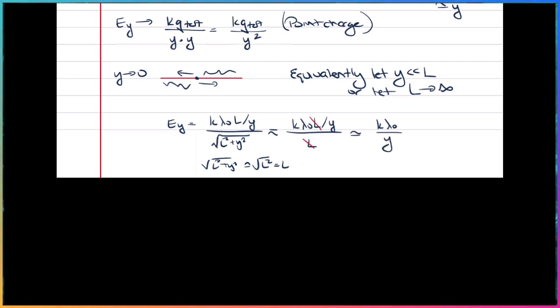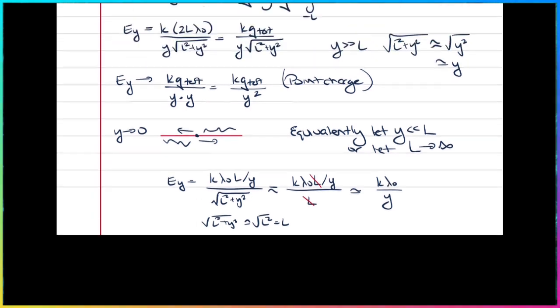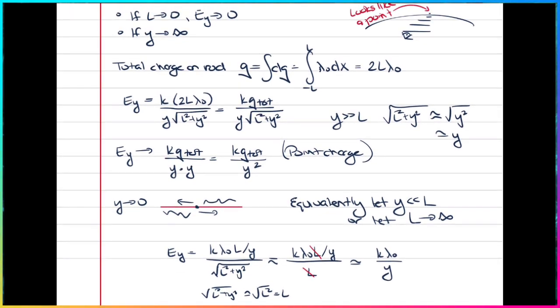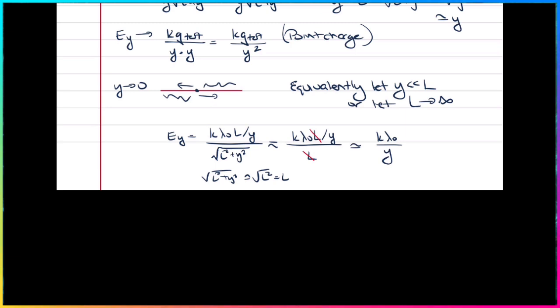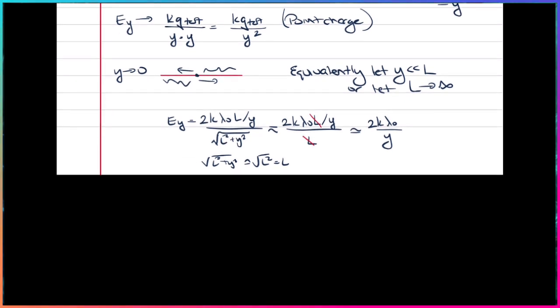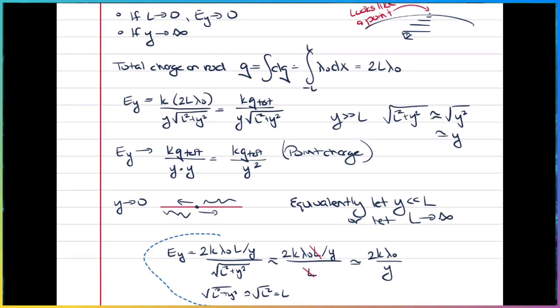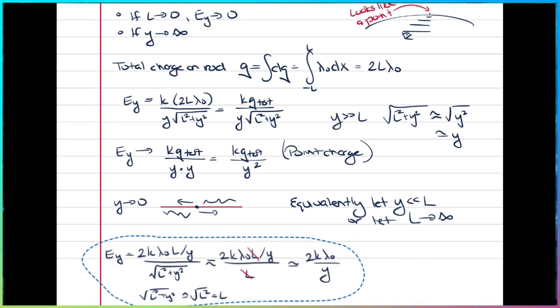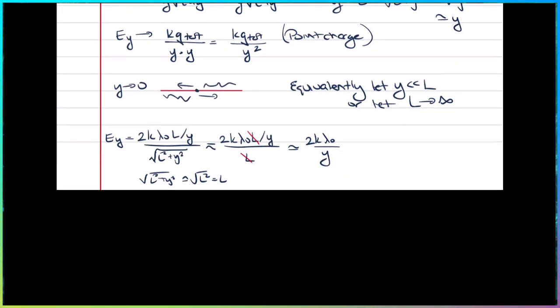I've lost a 2 somewhere. Okay, hold on. Pause. Oh, right, because if I write it as q total, it absorbs the 2. But here, I did not write it like that, so there's still a 2 flying around. Sorry about that. So in this case, this is the expression for the infinite wire.